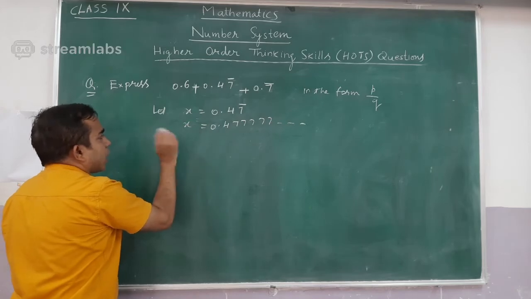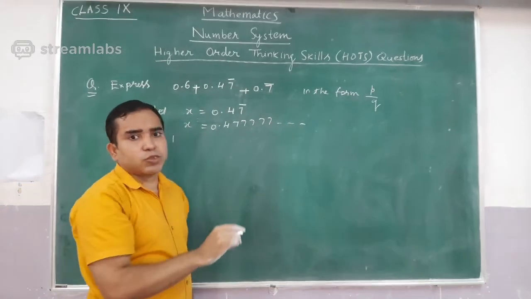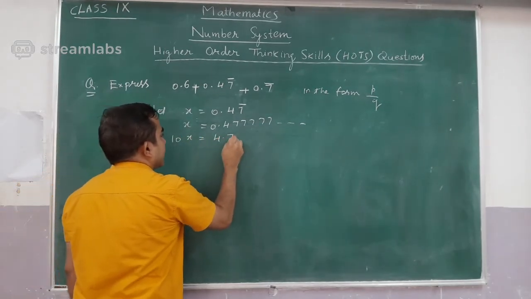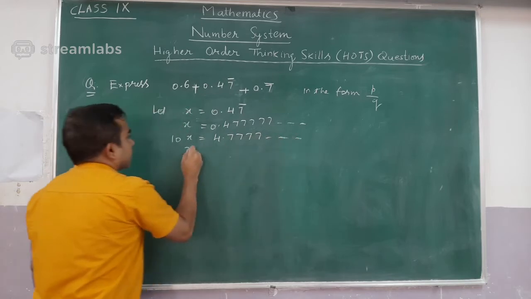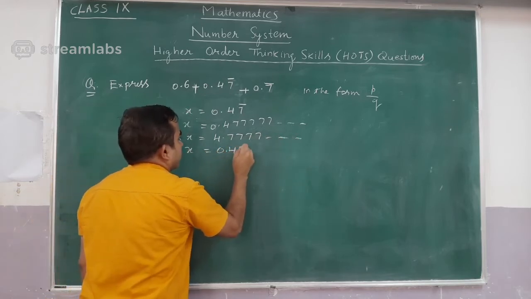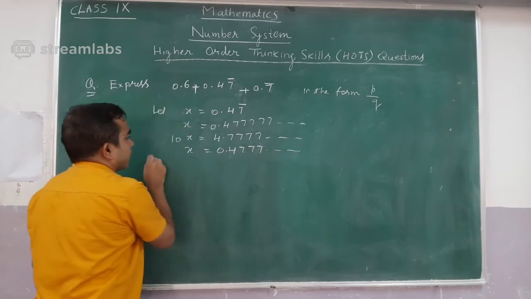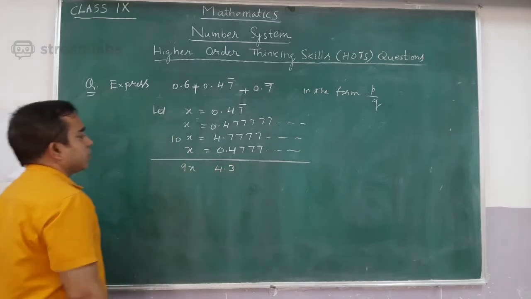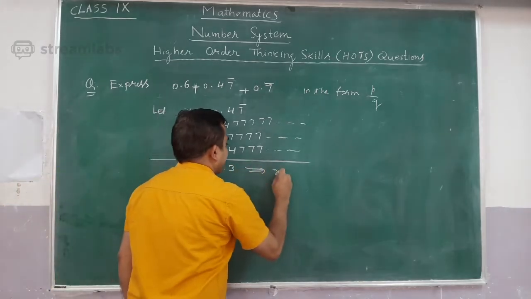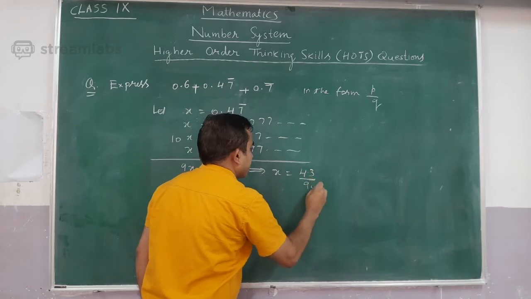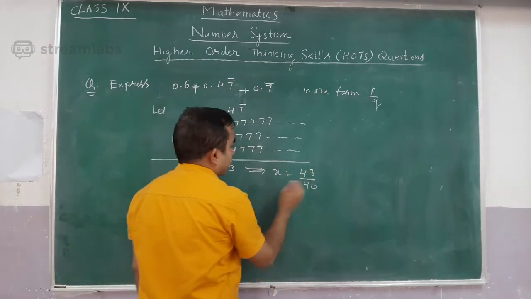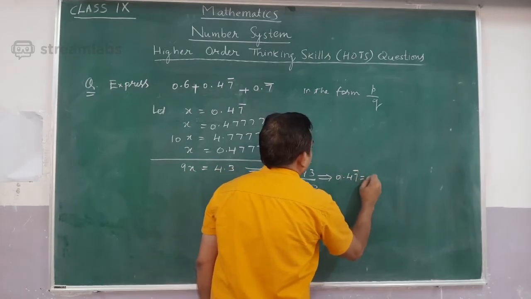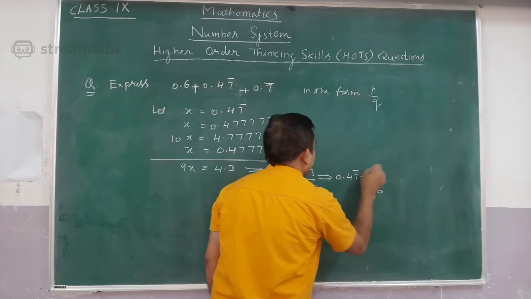Because one digit is getting repeated, as per the rule, let's multiply both sides by 10. 10x equals 4.777, right? And then subtract. 9x equals 4.3, which means x equals 43 upon 90. So 0.47 bar is nothing but 43 upon 90.